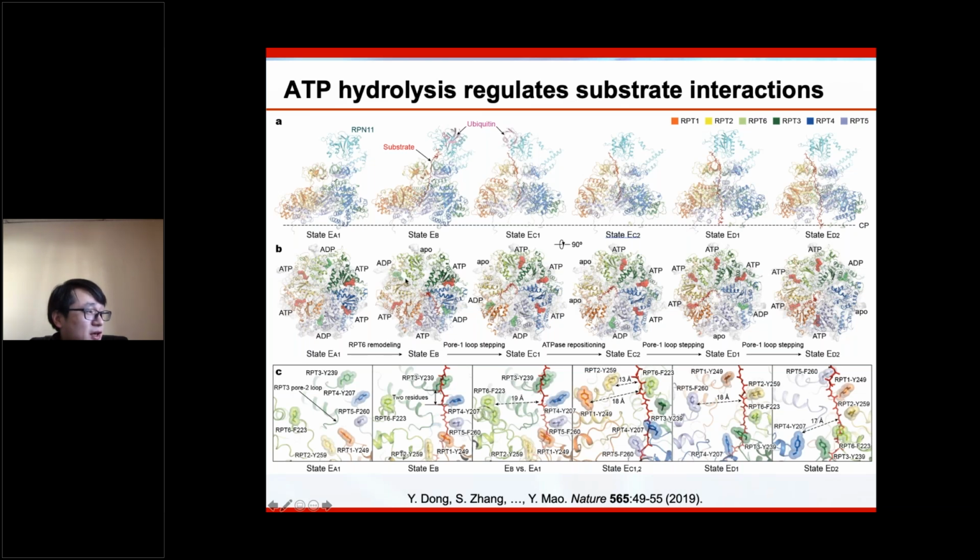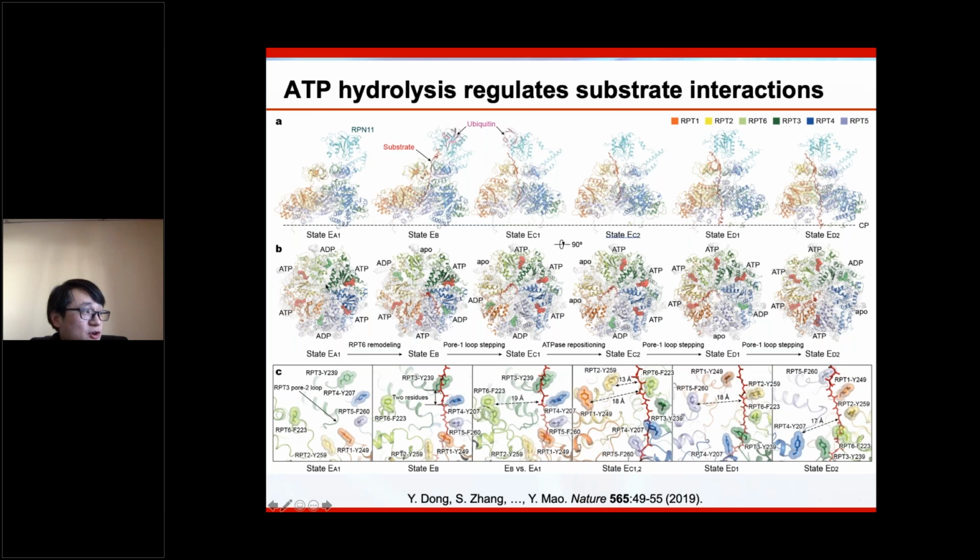Then in the EB state, you'll see the ADP in the adjacent subunit, and it's moving, so apparently the ADP state is navigating throughout the whole ring. On the rightmost panel, the ED2 state, the ADP is rotating to the clockwise neighboring subunit of the ADP in the EA1 state.